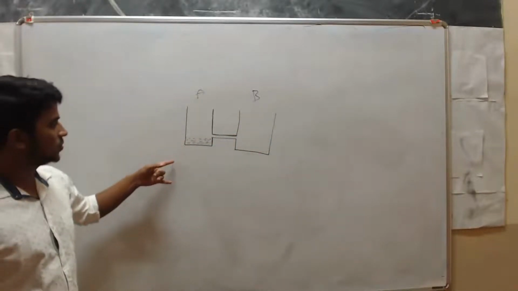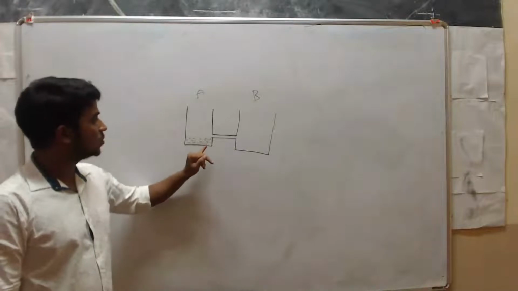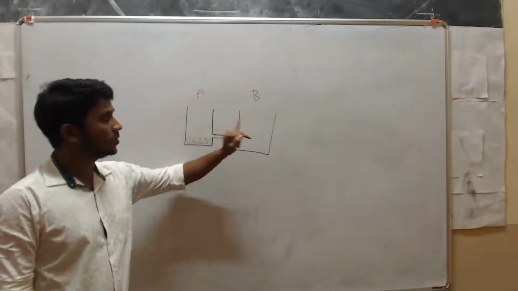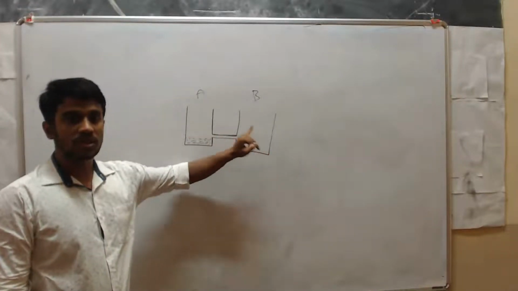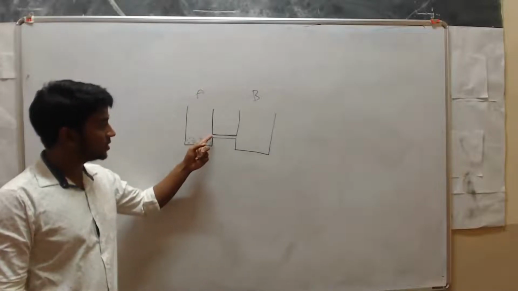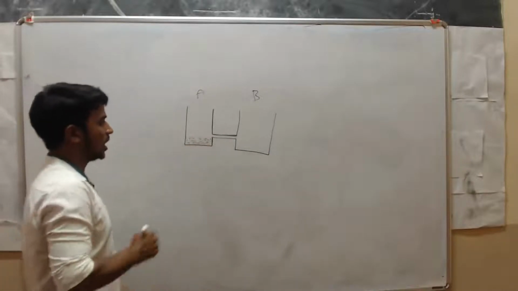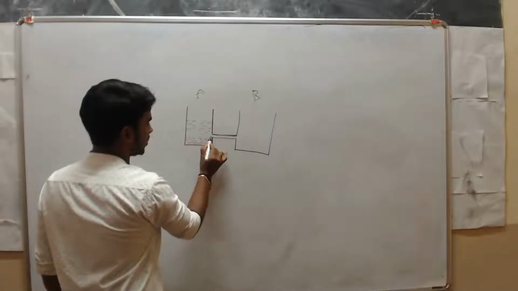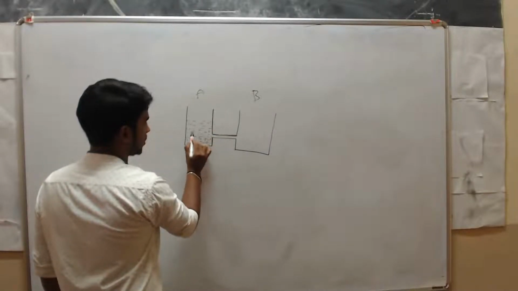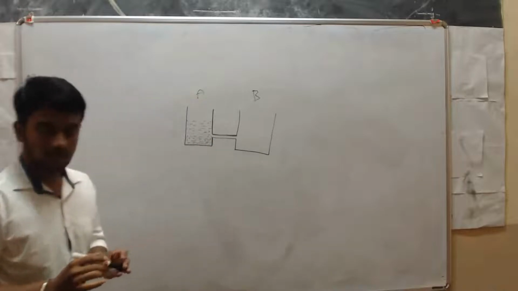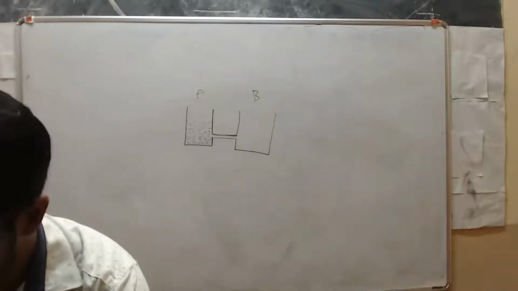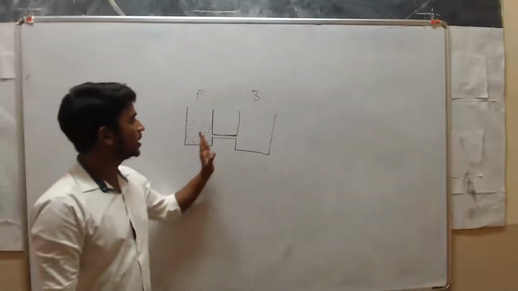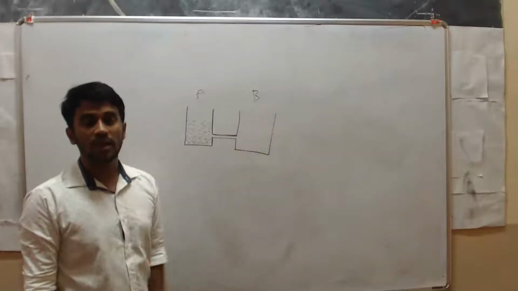We can say that the water won't move from tank A to tank B. Why? Because there is no pressure difference here. Suppose I put the water up to here. Now, definitely, we can say that water will move from tank A to tank B. Why?